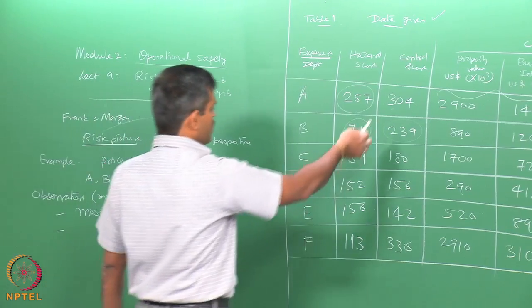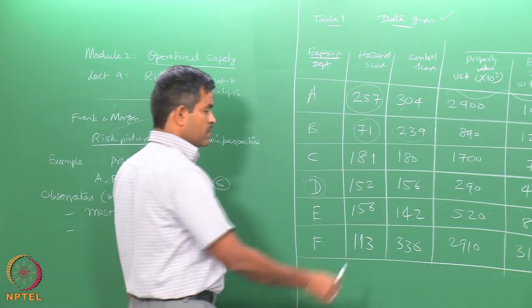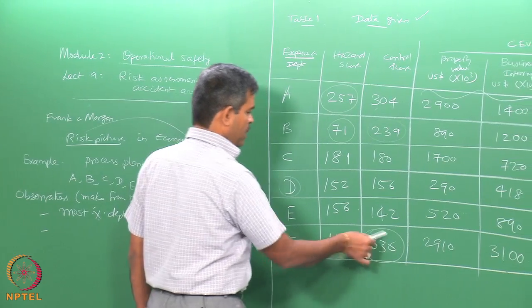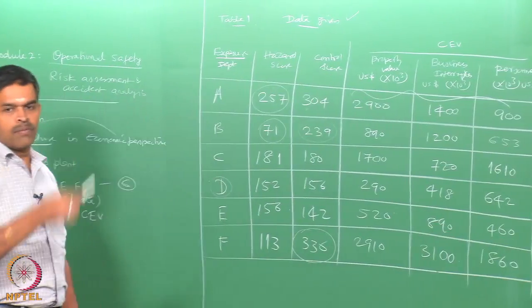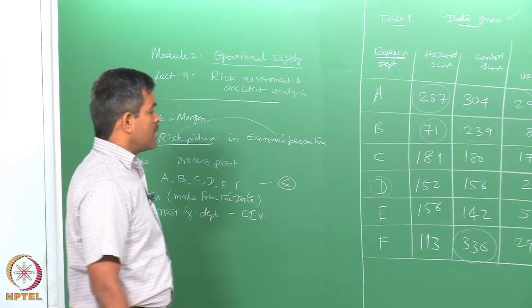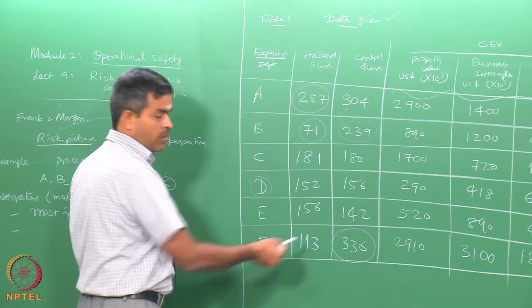However, the highest control score is in department F, which is also an important department in the lifeline of the production system, and its hazard level is not higher compared to A, so it is lower.